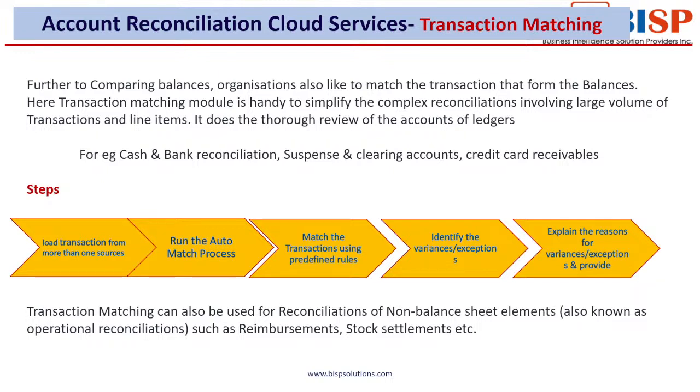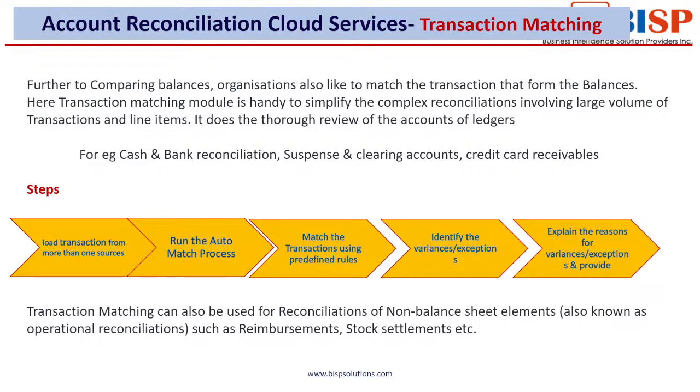We need to run the Automatch process, which matches the transactions using the predefined rules. So the matching is done on the basis of the rules which we predefine for transaction matching, and this identifies the variances and the exceptions.